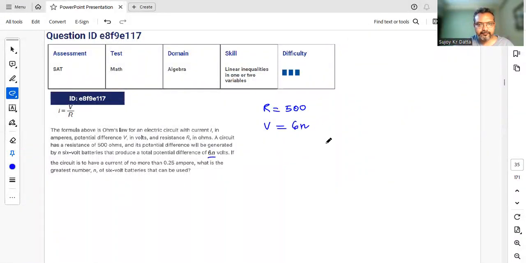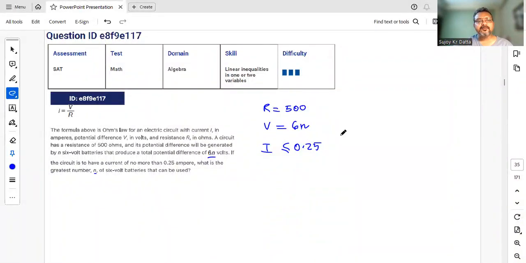So V is 6N. You don't need to understand details like what 6-volt batteries are. You know that the total potential difference is 6N. If the circuit has to have a current of no more than 0.25, that means I is less than or equal to 0.25. You have to learn how to ignore the rest of the information. You just need this, and we have this equation.